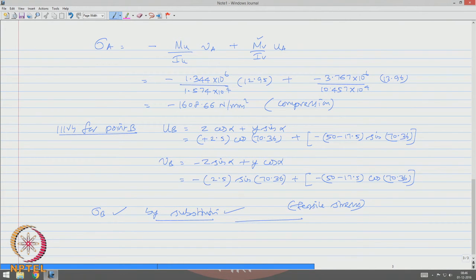So, interestingly, the problem of unsymmetrical bending is converted to simple uniplanar bending by locating the principal axis of inertia and the neutral axis and measuring the distances of extreme fibers from the neutral axis and then using the conventional flexural theory.